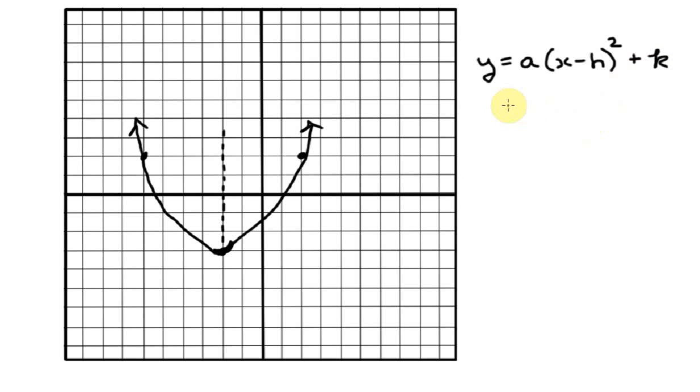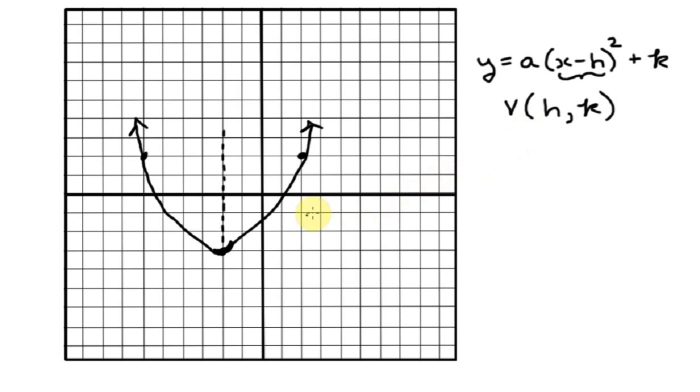And what we know is that every vertex is at the location (h, k). Now, h is the number that turns this to 0. And when you plug in h, of course, this does become 0, which wipes out the squared and the times a, and you're left with k as the y-coordinate. So that's where every vertex is.